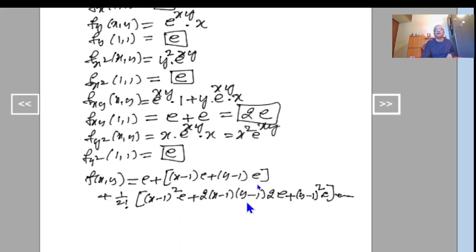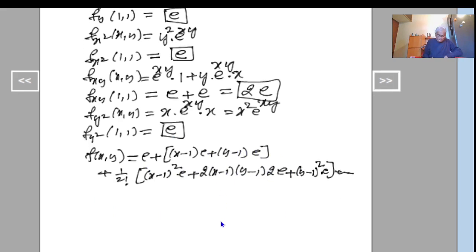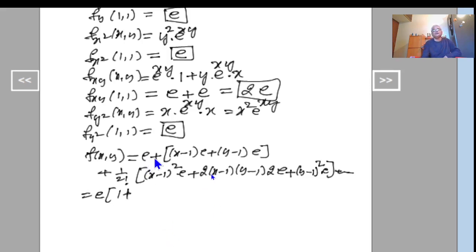Each term consisting of e, we can take e common factor. Okay, so this is equal to, if I write e outside here, we get 1 plus x minus 1 plus y minus 1. In this bracket we have x minus 1 plus y minus 1 plus 1 by 2 factorial into here x minus 1 whole square plus 2 into x minus 1 y minus 1 into 2.